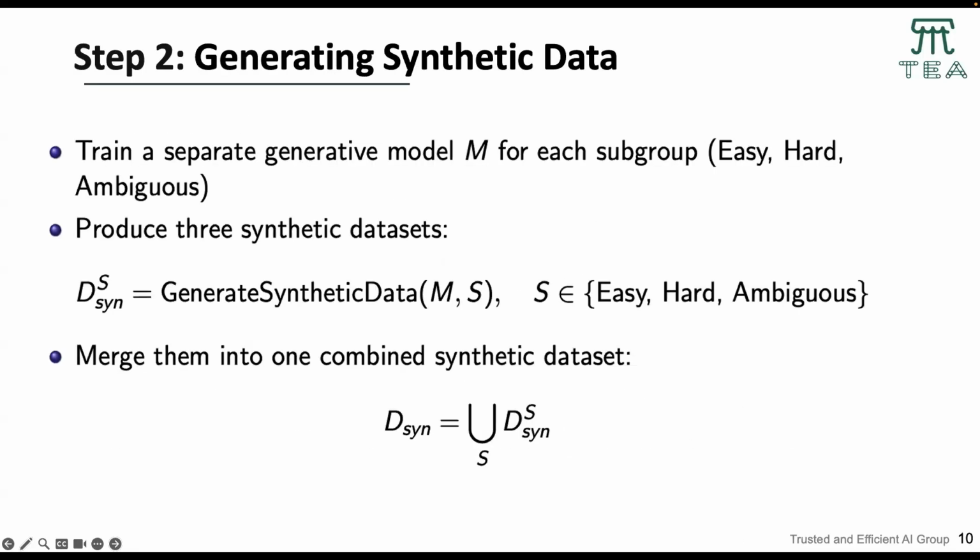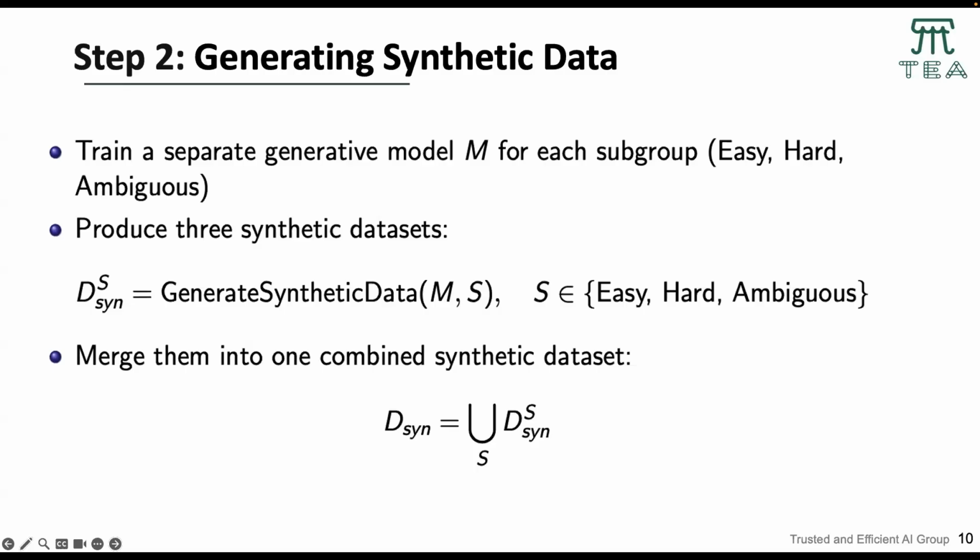In step two, we generate the synthetic data. I think this is the key idea in this paper. Instead of training one big generative model on the entire dataset, they train separate models for each subgroup they marked. Later on, I will show how many subgroups they classified. That means one generator is for easy samples, one for hard samples, and one for those that lie on the decision boundaries.